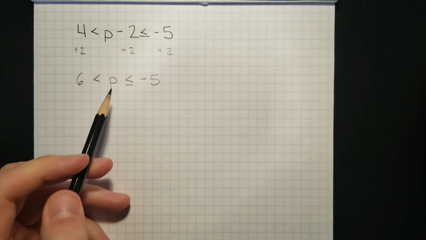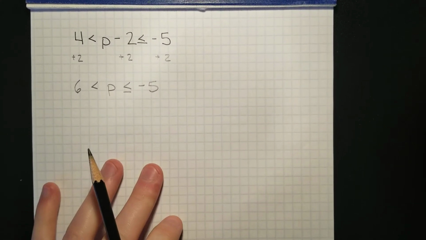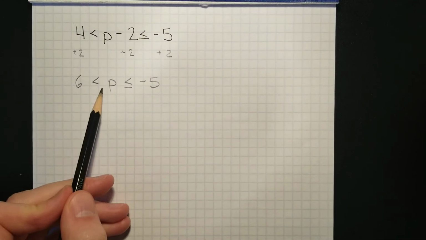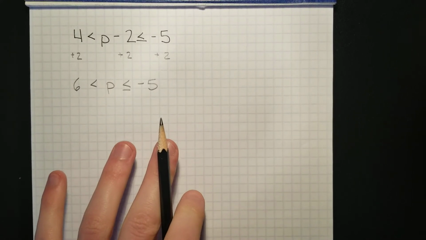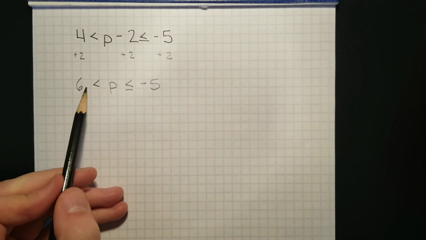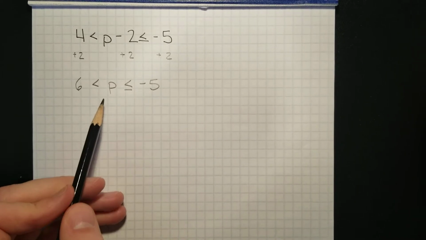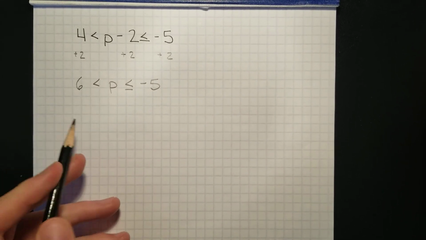Now, in this example, we have to graph all of the numbers that are less than negative 5 and greater than positive 6. If you think about that, it should not really make sense, because there is no such number that is less than negative 5 and greater than positive 6.